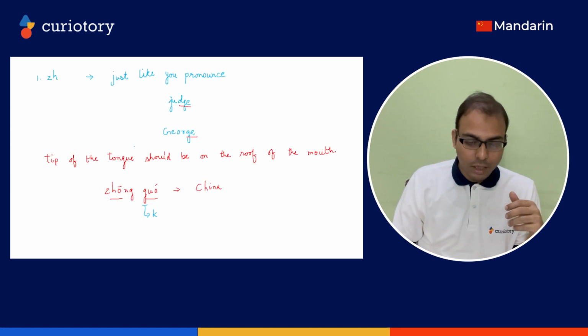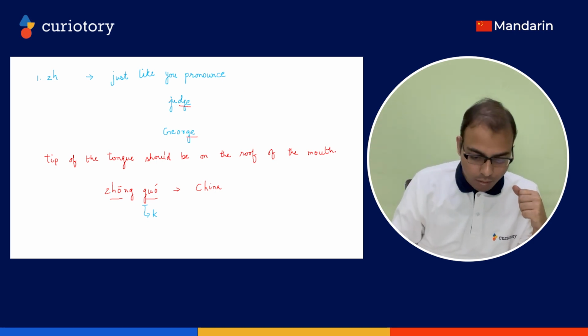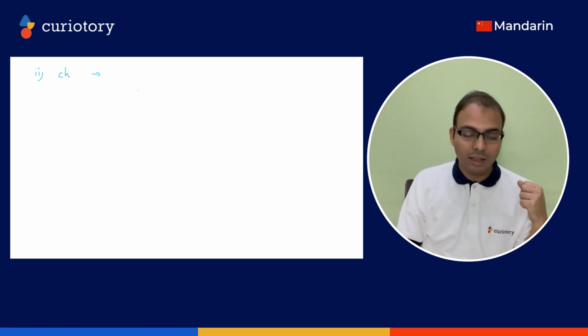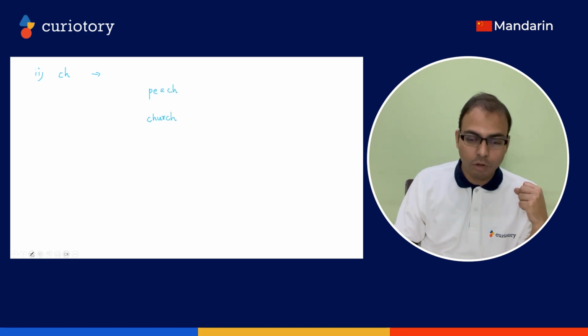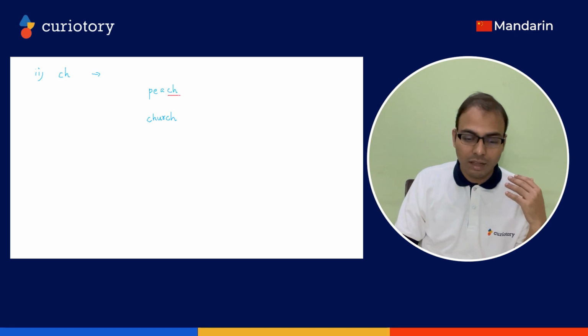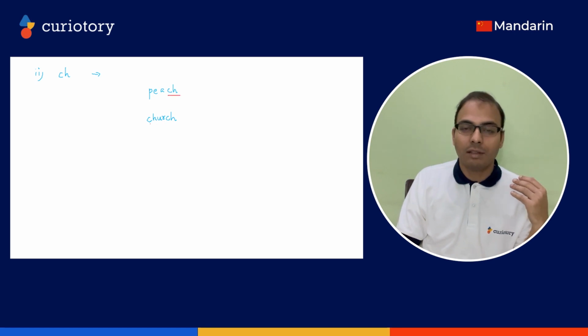We saw one example of how to pronounce ZH. Now let's talk about CH. CH is pronounced just like the CH in peach or church. The syllable CH in Chinese is pronounced the same way as the CH in peach or church.